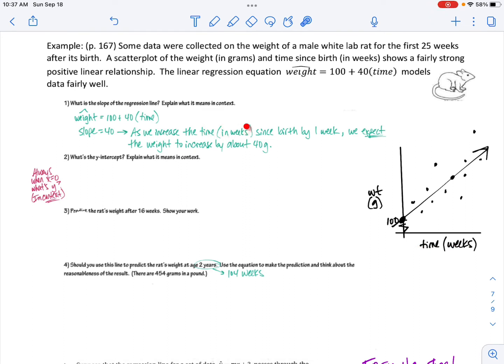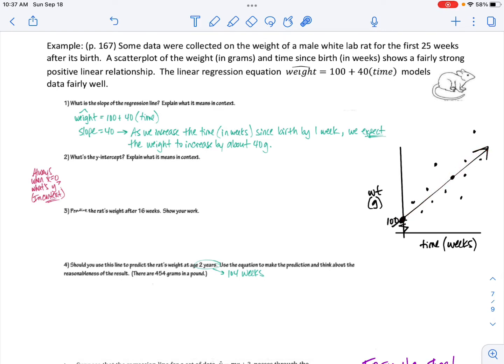Make sure you're including units whenever possible. Since birth by 1 week, we always increase the X value, whatever the X value is in context, by 1 unit. In this case, the units are weeks. There's my keyword expect. I am not guaranteeing that the rat's weight increases by 40 grams, but I'm expecting it to go up by 40 grams every single week. Hence, we have our positive linear relationship.